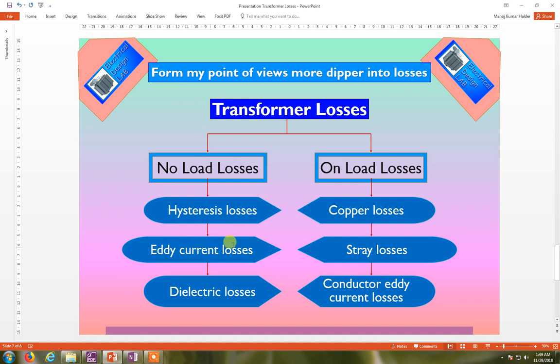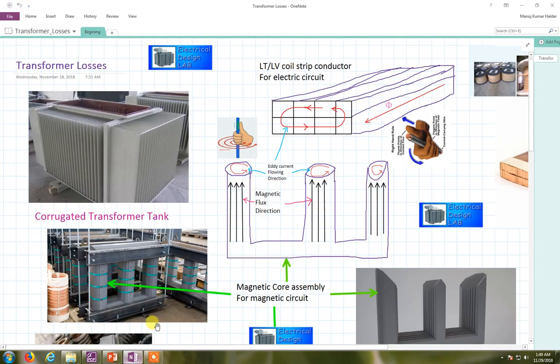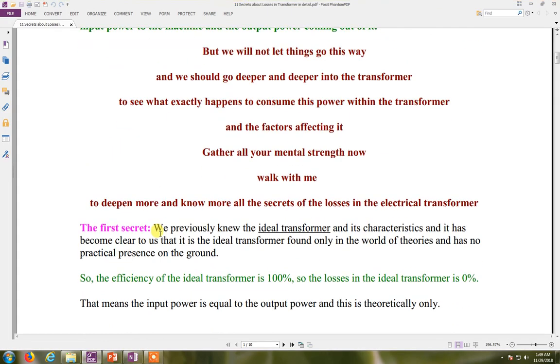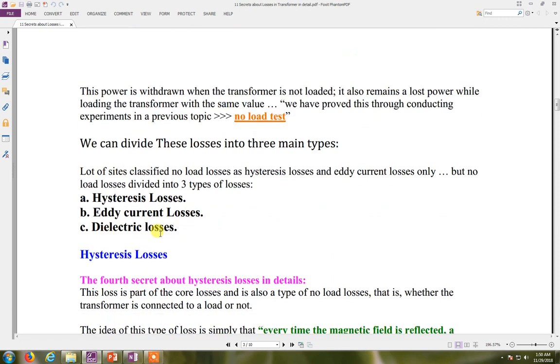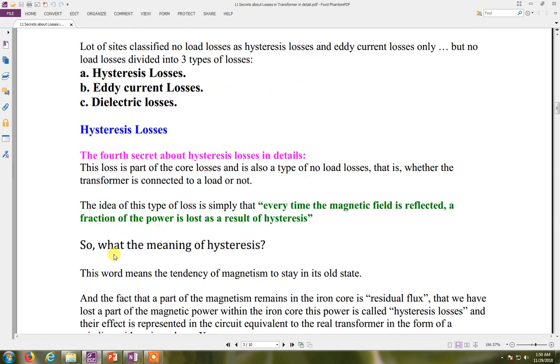Before eddy current losses, you need to understand hysteresis losses. What are hysteresis losses and why is this loss called hysteresis loss? We will understand from here. First of all, we need to know what hysteresis is. What is the meaning of hysteresis?